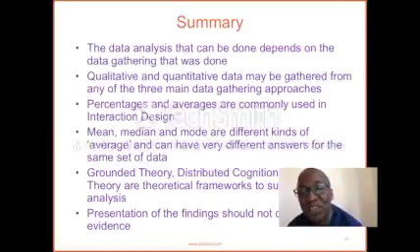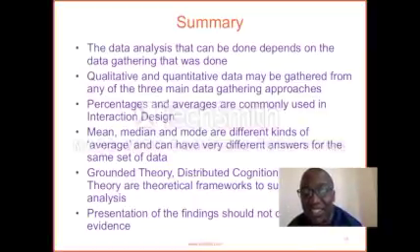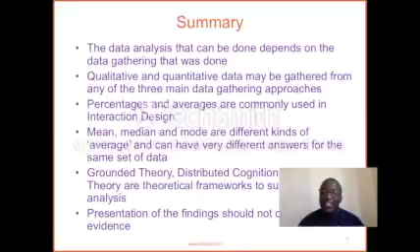Percentages and averages are commonly used in interaction design. You could use means, medians, and modes. These are all different kinds of averages and can give very different answers for the same data set. Grounded theory, distributed cognition, and activity theory are theoretical frameworks to support data analysis. Presentation of findings should not overstate the evidence. Okay, thank you very much.